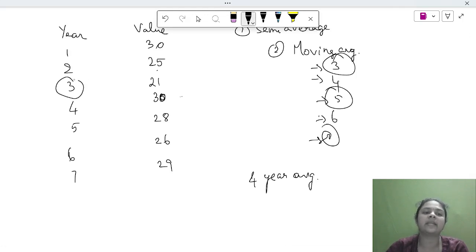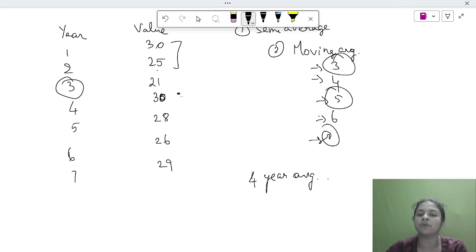Now they have asked year 3. Now, can I keep year 3 as the center? No. So, how to do 4-year moving average? Very simple. You need to do year 3 moving average like this. You should start with 2 before, 1 after.